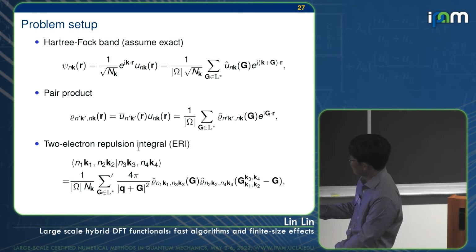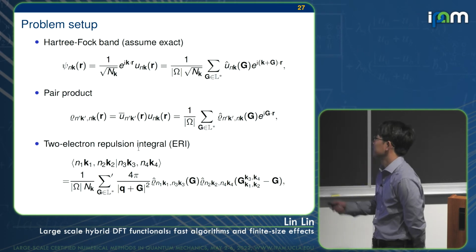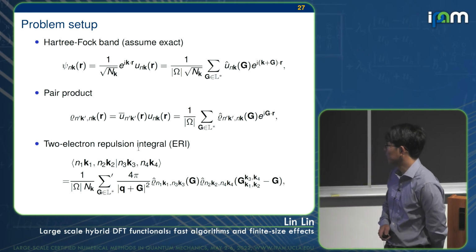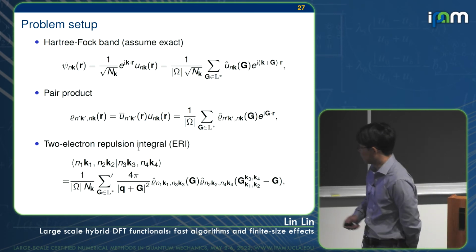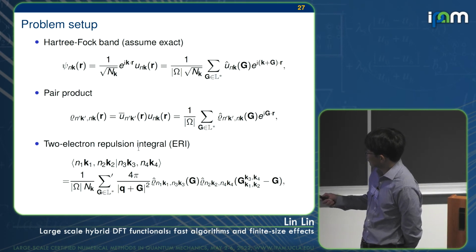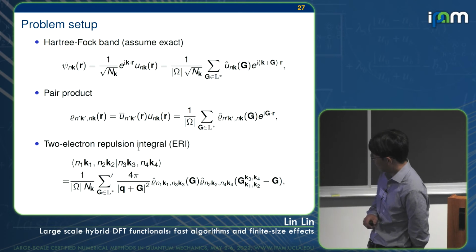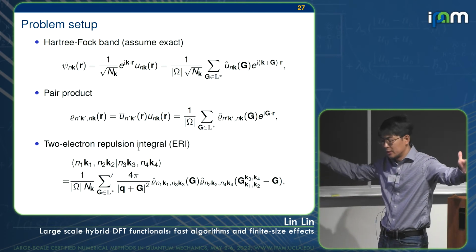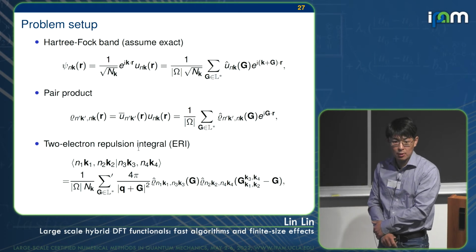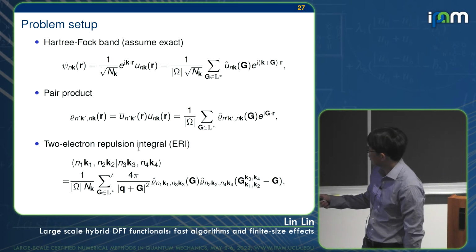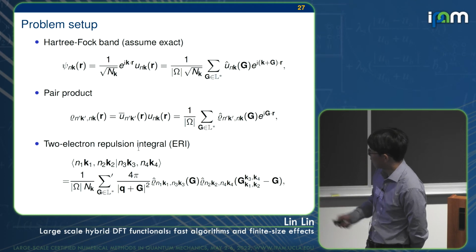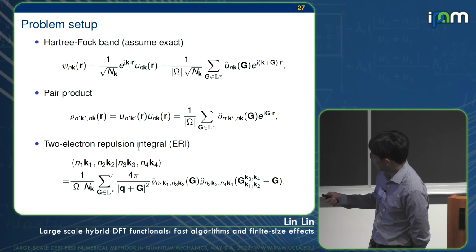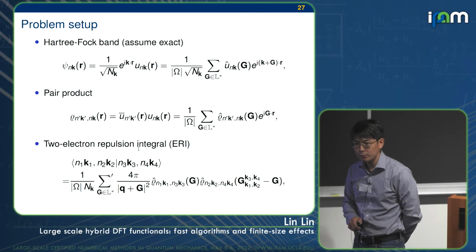You can separate it out into the phase and also a periodic part, and that can be expanded in terms of a Fourier expansion. So this 1 over square root of nk, where nk is the number of K points, or equivalently, the number of unit cells in the supercell, is a natural scaling, so that this is L2 normalized within the unit cell, and this is L2 normalized within the supercell.